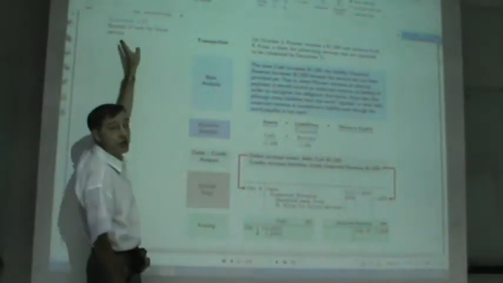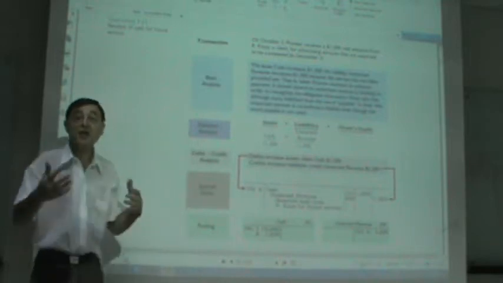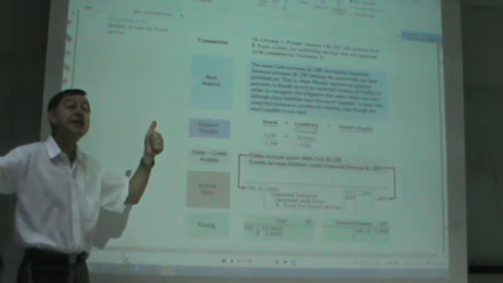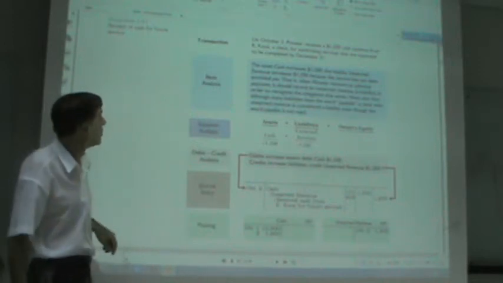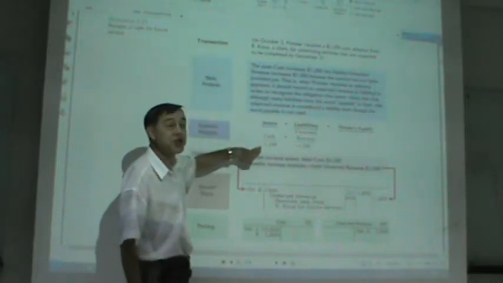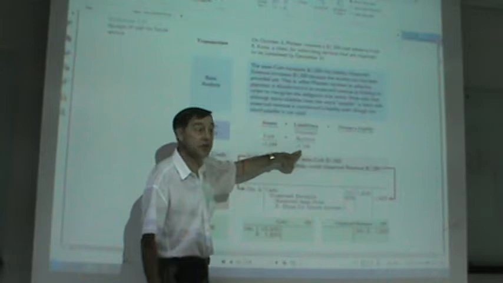Receiving cash for future service. So, cash goes up, and the other one is unearned revenue. So, you have an asset, cash up, and the other one is unearned revenue.